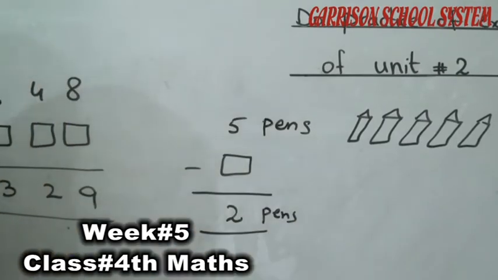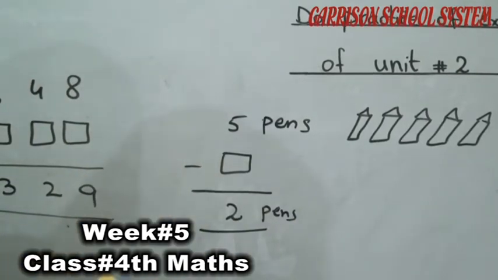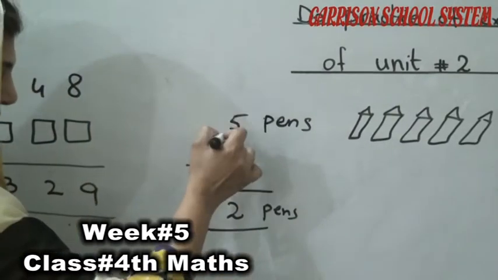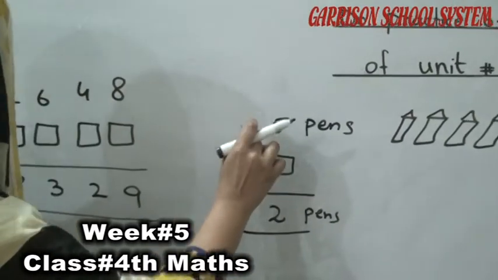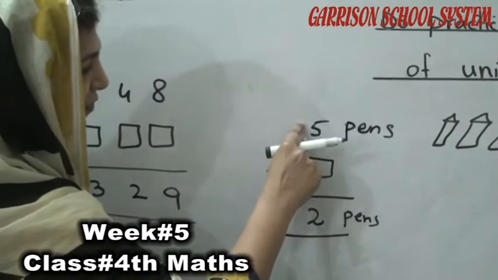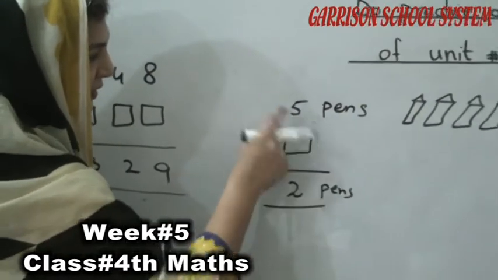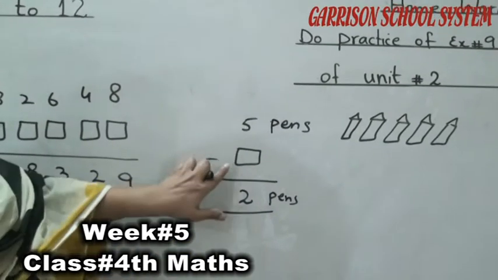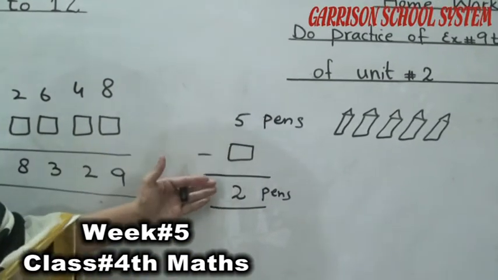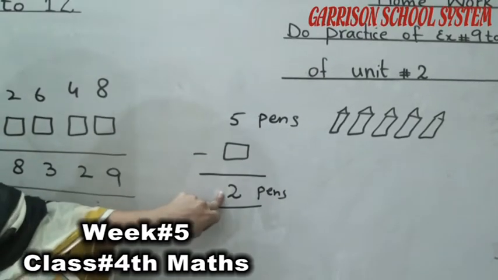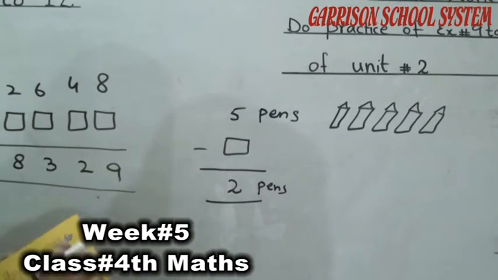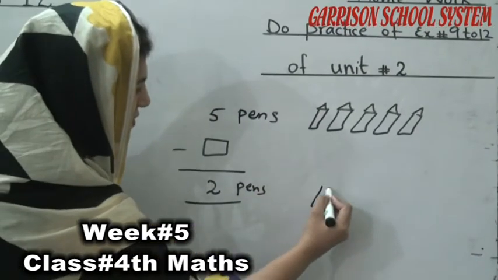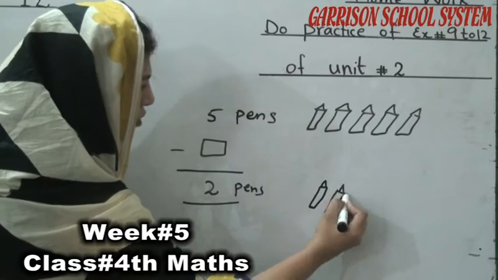So easily you can understand how many pens were given to someone. Which number is subtracted from 5 so that we have 2 here? You know students, if I have 5 pens and now we have 2 pens, how many pens were given?